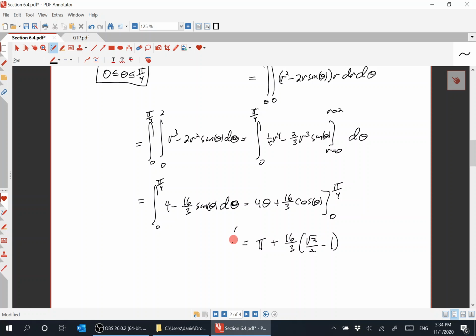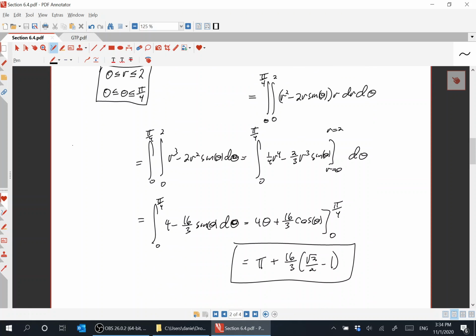Okay. So that's the answer. It's not a very meaningful number, but you could approximate it if you wanted to. But that's the answer that we get.